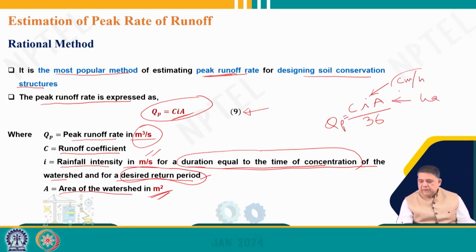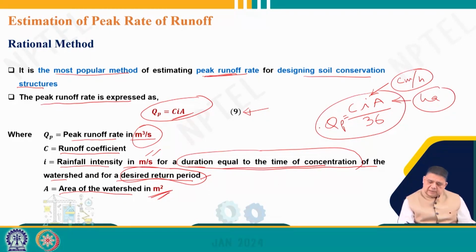So, obviously, you have to remember the units for using this relationship. To avoid that complication, we can simply use this relationship, with I in meter per second and A in square meter, so that we get discharge in cubic meter per second, the typical discharge unit we use.